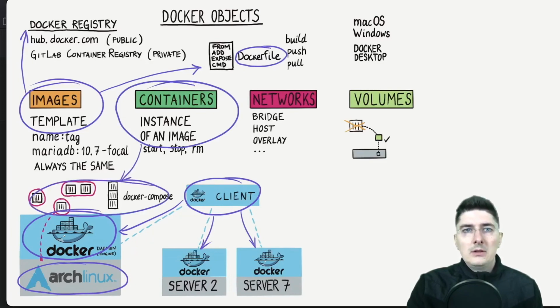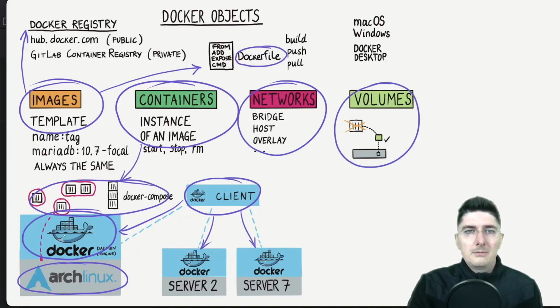Completely isolated, in a shared network with other containers, or maybe with the host system and so on. Docker networks allow you to architect your setup the way you want, who can talk to whom, which containers can access the internet, etc. And Docker volumes are used if you want to persist data after a container is gone.